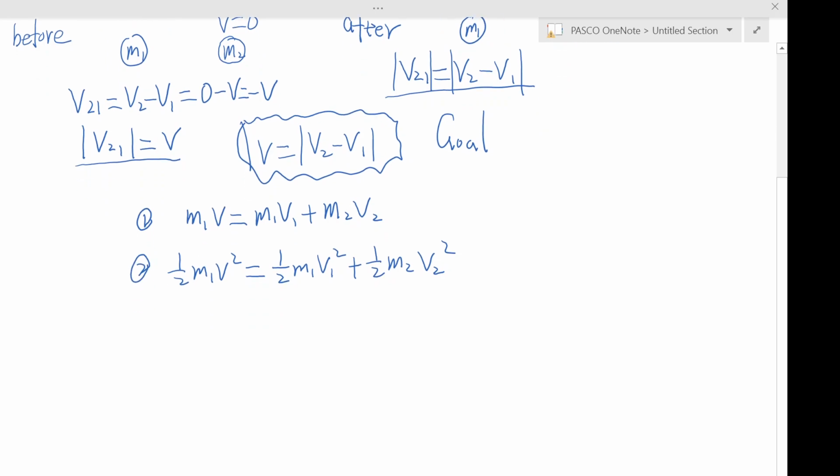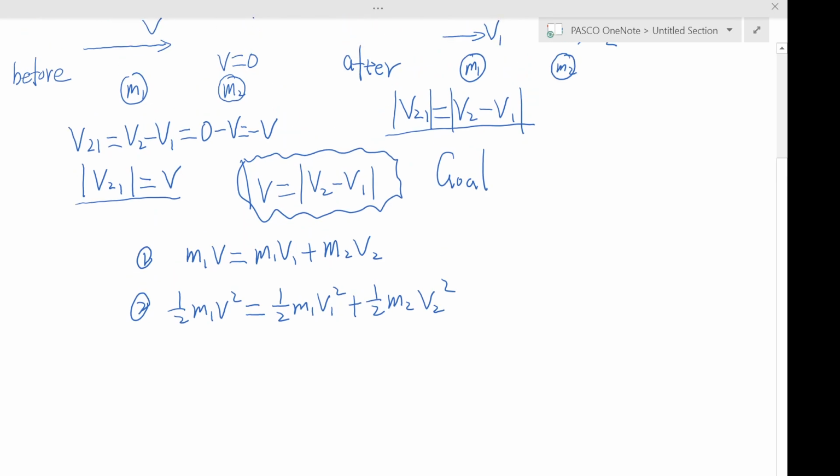Alright, so you can see in these equations I have v, v1, and v2. m1, m2, you can treat them as constants, just the masses. But in fact, I'm also going to treat v as constant. The reason is, this is my goal, right?